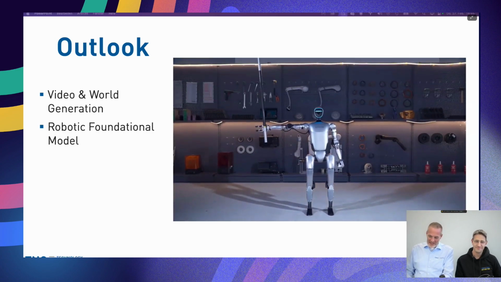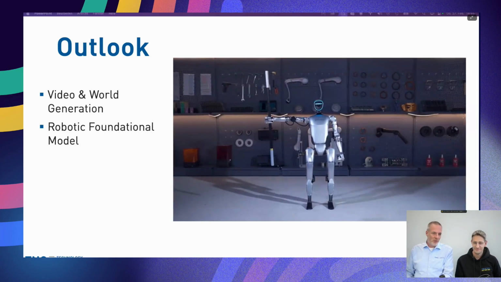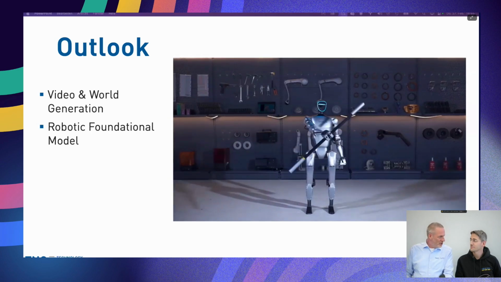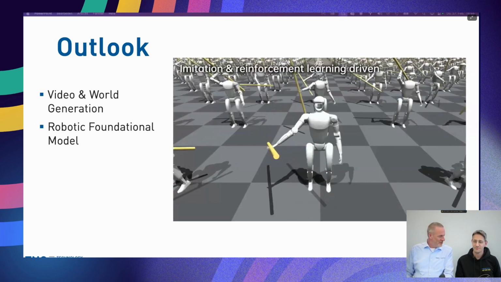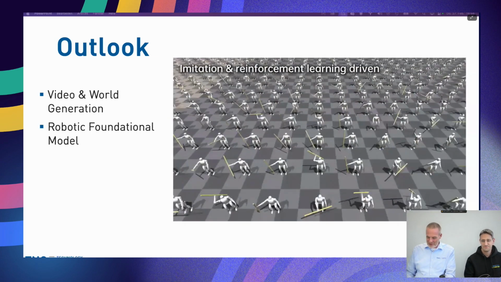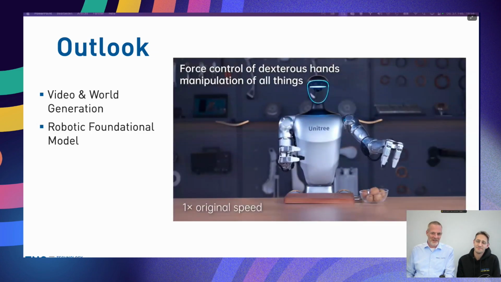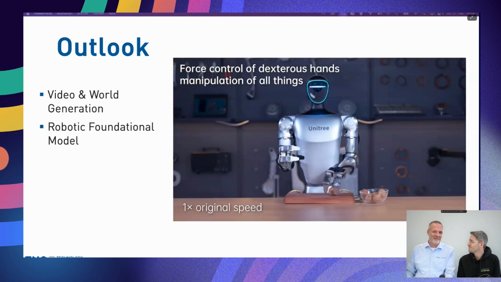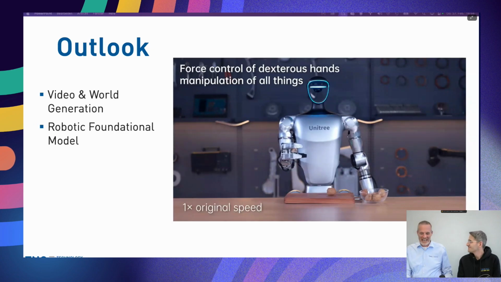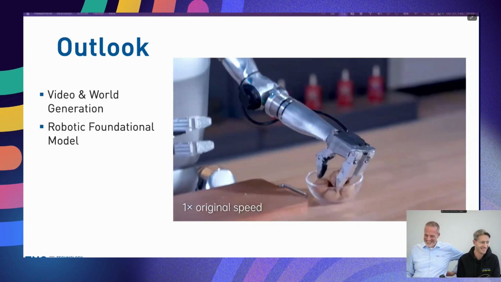But here you see the Unitree G1 robot, which is basically on sale on the internet. You just have to provide your credit card number, and they promised they'd send us one. So we are happy to share our experience if it arrived, how much fun it actually is, next year.